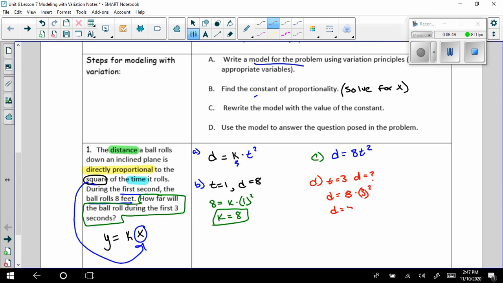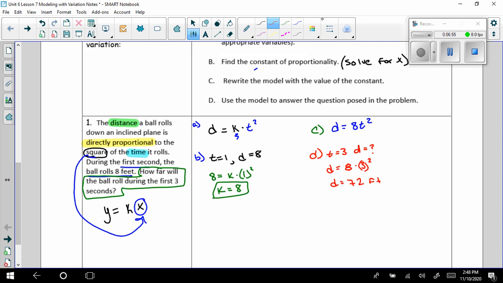Our distance then would be 72 feet. So what that means is that the ball rolls 72 feet in 3 seconds.